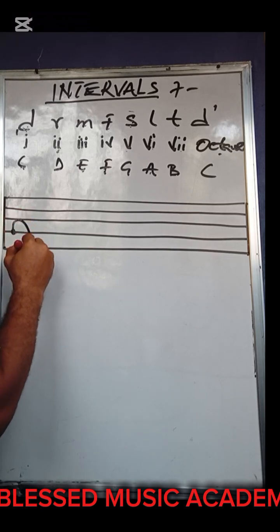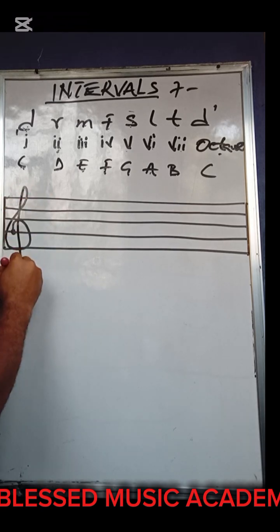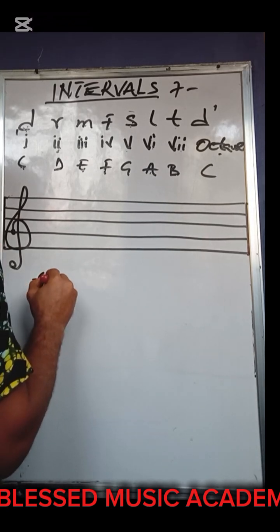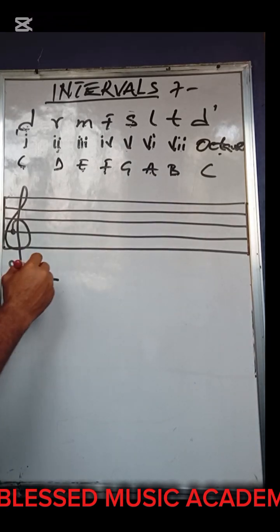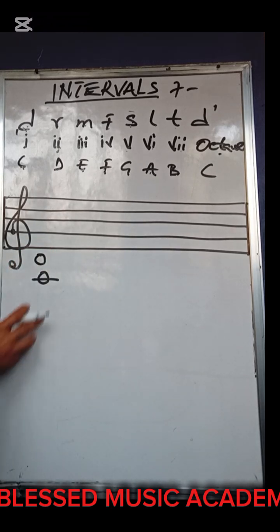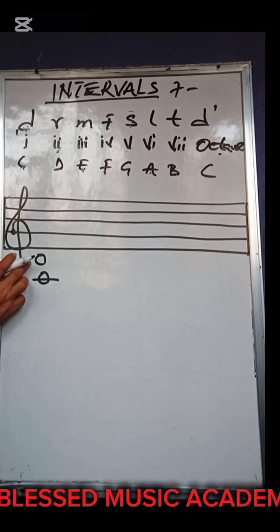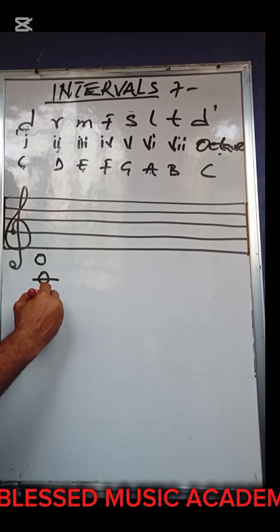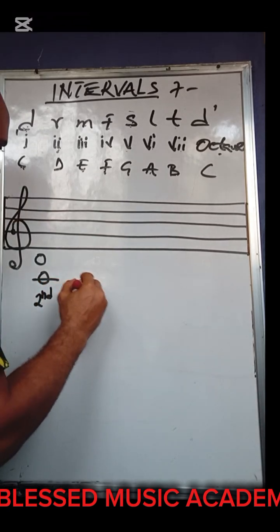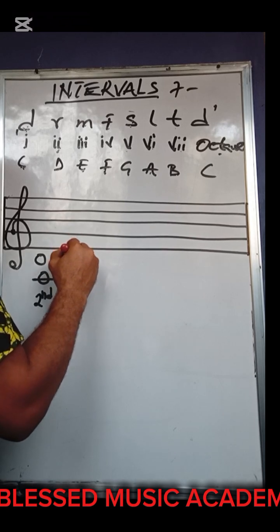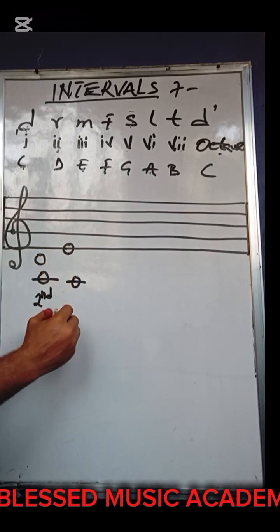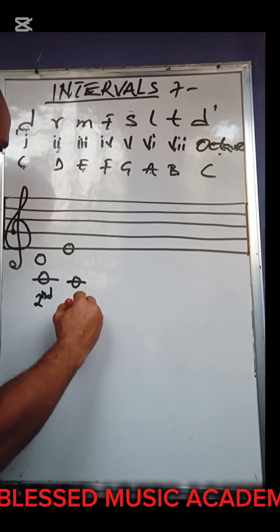Okay, so this is my C. I'm working with C. This is my do. If I have this distance between my do and re, my C and D is my second interval. Now distance between C and E, this is my do to mi, is my third interval.